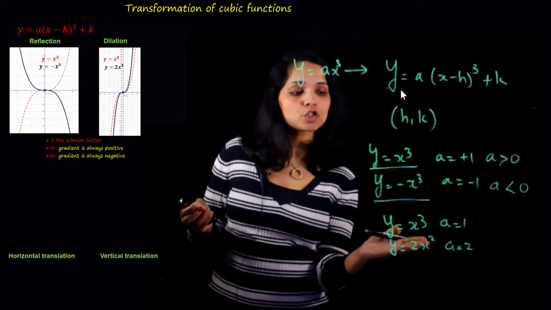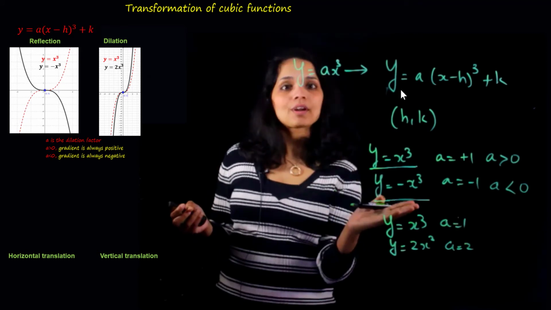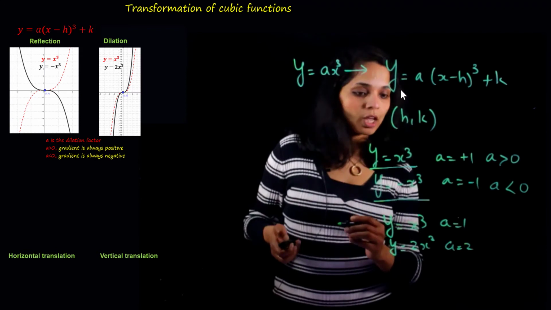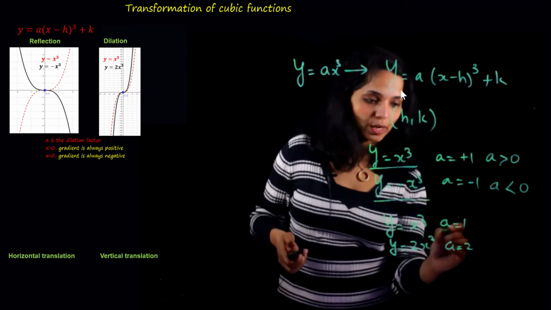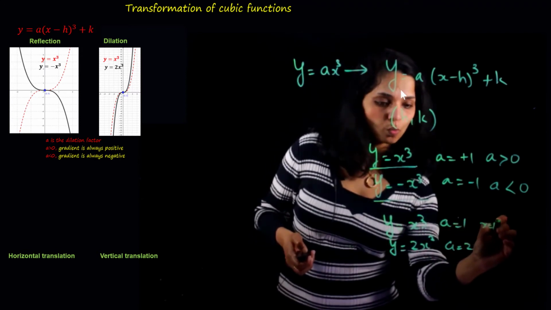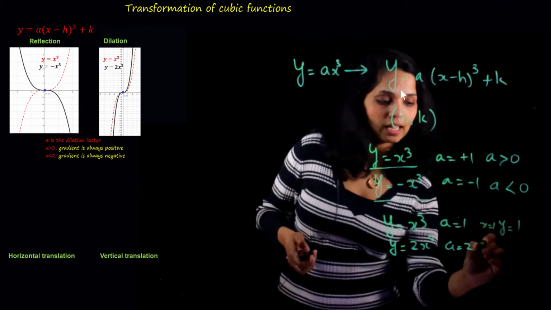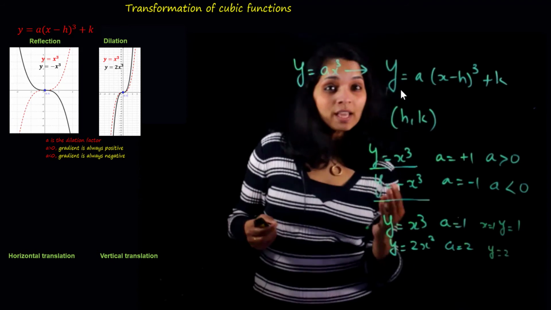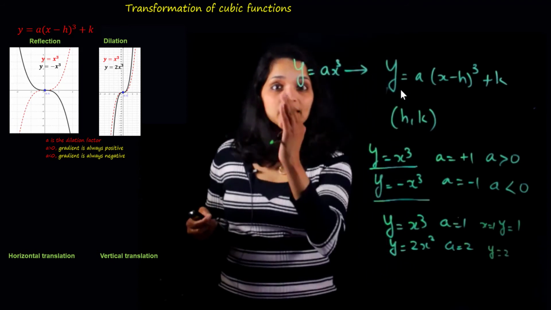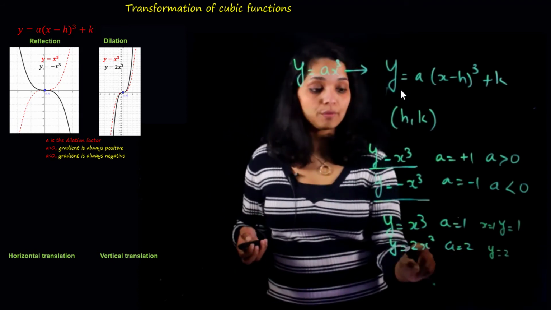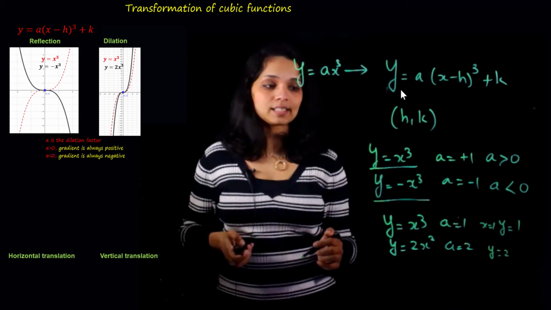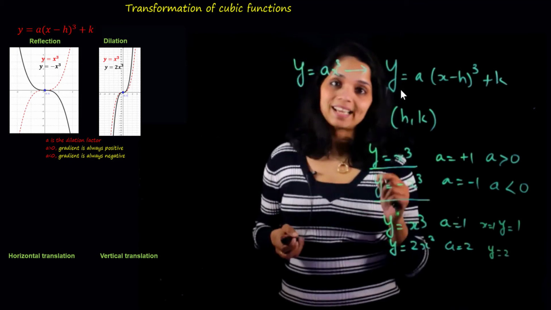So y equals 2x cube is dilated from the x-axis. If you plug in values for x, for example x equals 1, y is 1 here, and for x equals 1, y equals 2 here. So the function increases twice as quickly for this function. That's why it's closer to the y-axis. And a is known as the dilation factor.